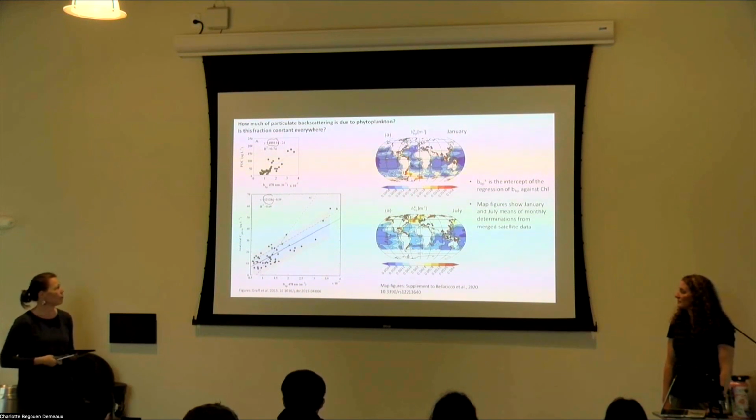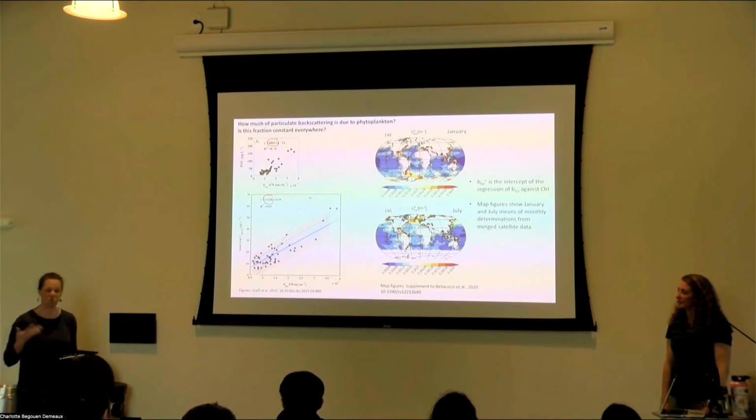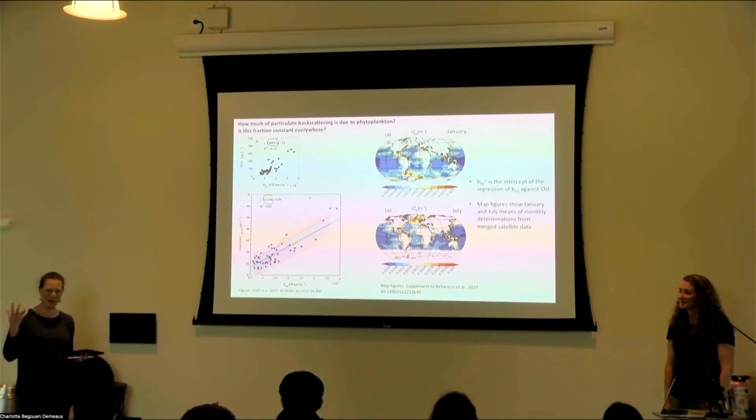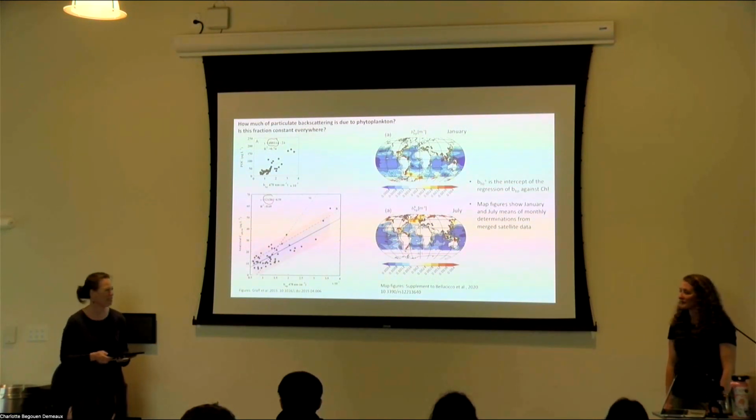I just picked out January, July here. But the point again is that there is an important fraction of backscattering that is regionally dependent. It's hammering home this diversity of stuff.